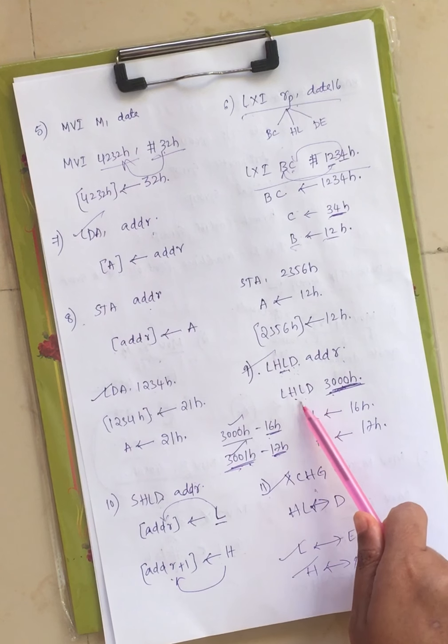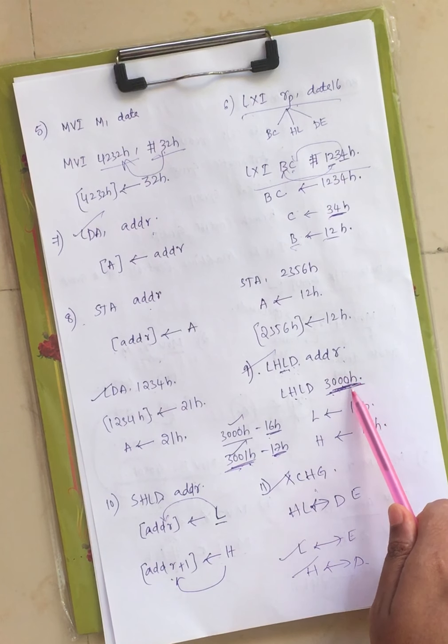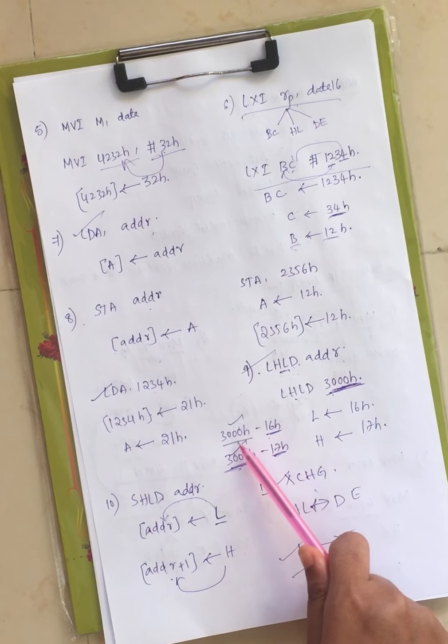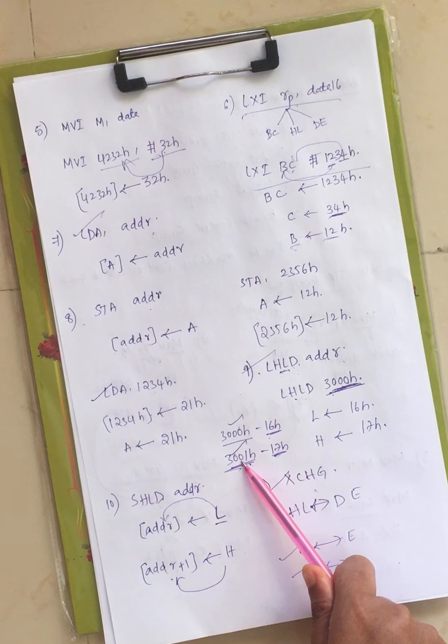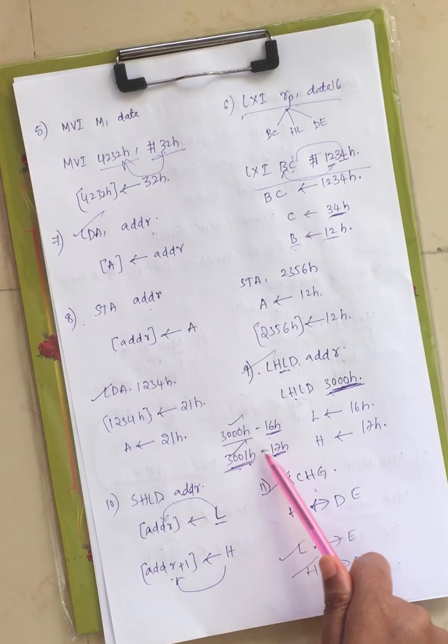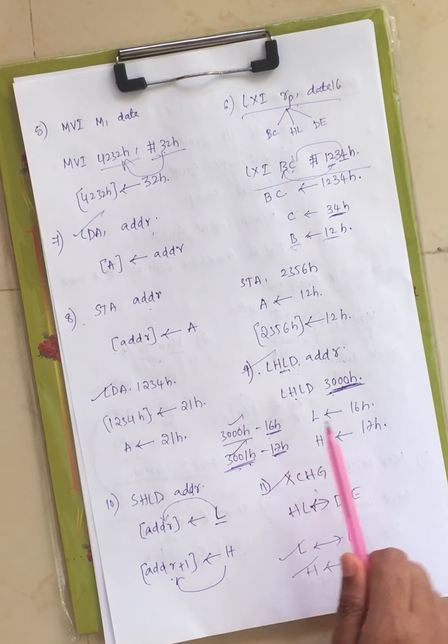Now I have given an example, LHLD 3000H, right? Now 3000H is the memory location that is storing data 16H, and the next memory location is 3001H, right? Now this is storing data 17H, right?